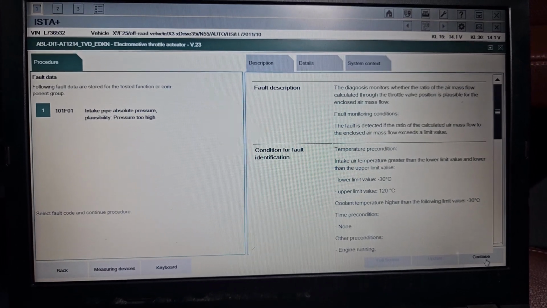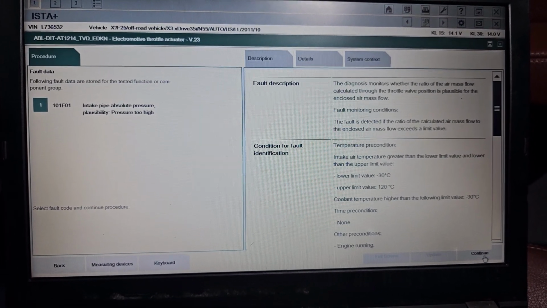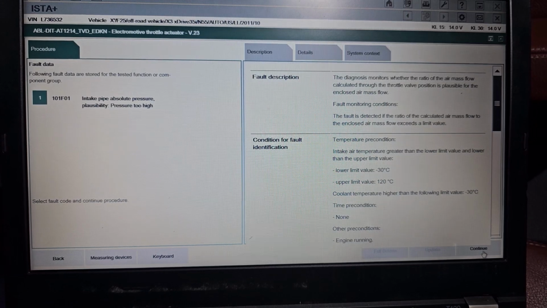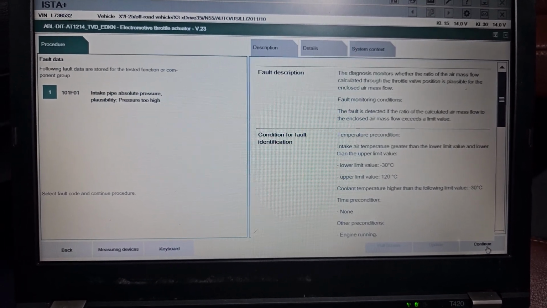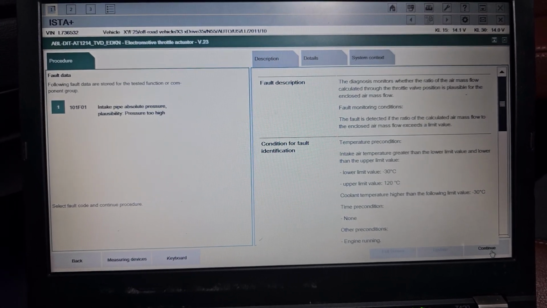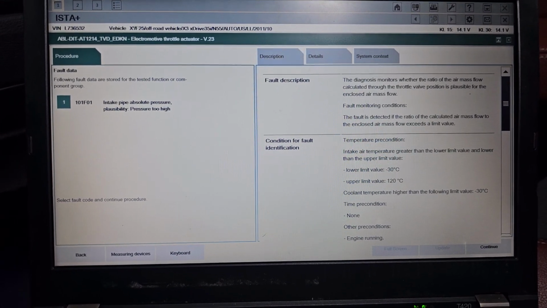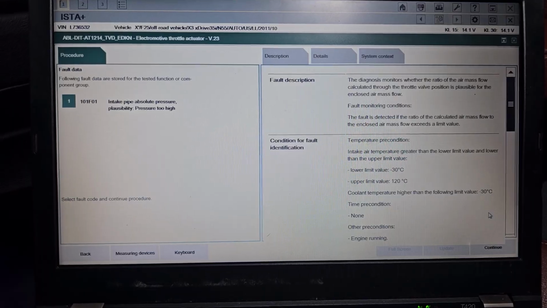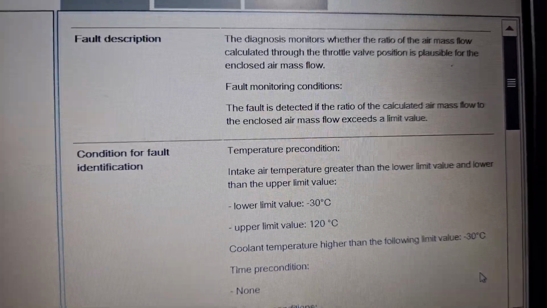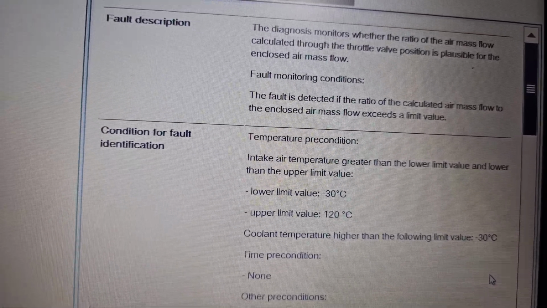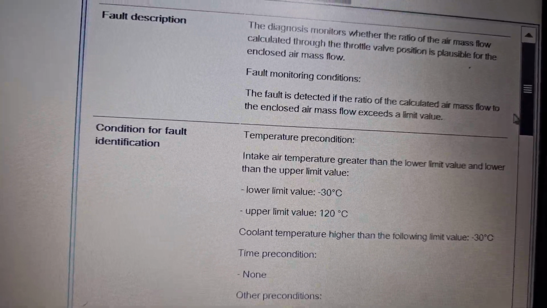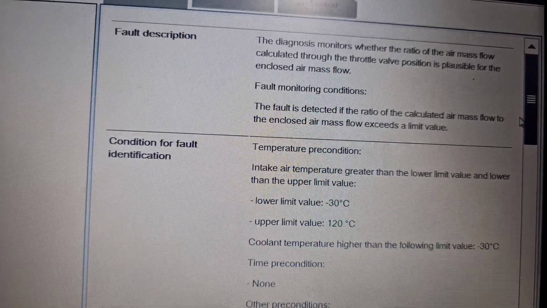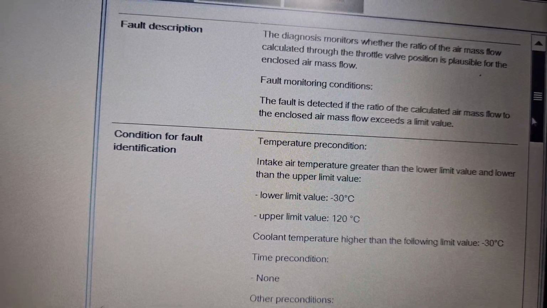Diagnosis: monitor whether the ratio of the air mass flow calculated through the throttle valve position is possible or fault detected if ratio decreases. Temperature condition. Okay, that means fault. Here is the definition. It says fault is detected if the ratio of the calculated air mass flow to the enclosed air mass flow exceeds the value limit.